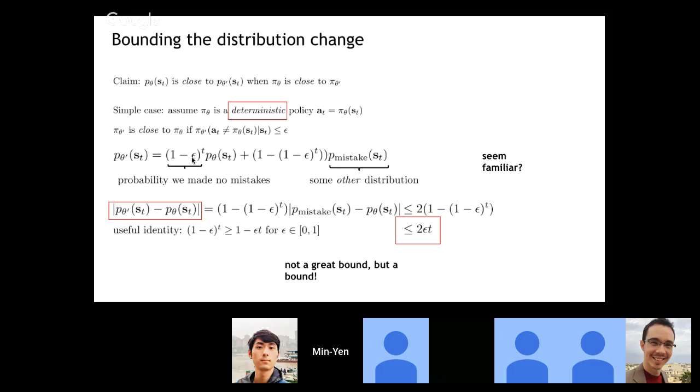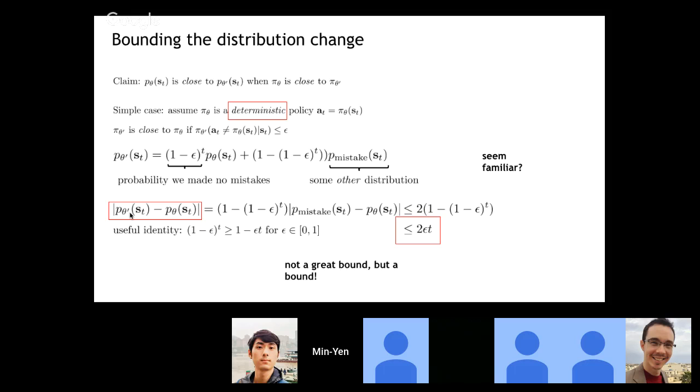That's where you get 1 minus epsilon to the power of t. So this is the no-mistake part, and 1 minus this probability is the other distribution where you make one or more mistakes. But we don't really know what this other distribution is.